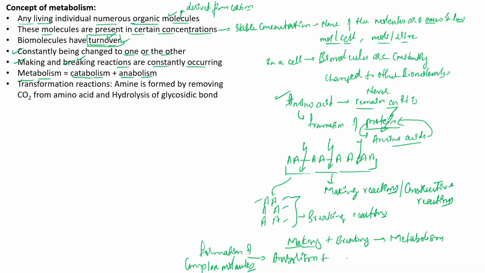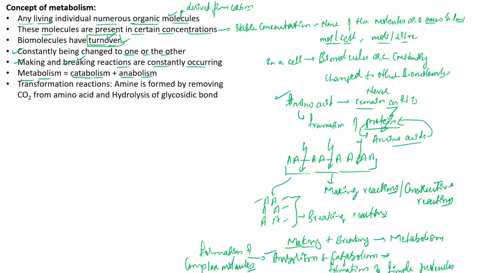And similarly I will write one more, that is catabolism. In these kinds of reactions, which are the breaking reactions, what happens is the formation of simple molecules. So if there is a formation of complex molecules, we call it anabolism.